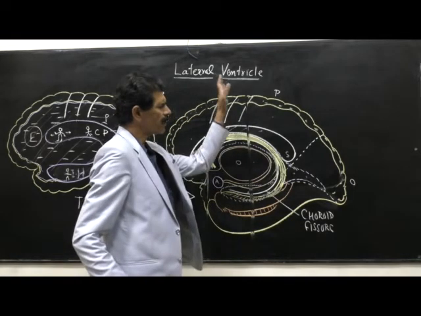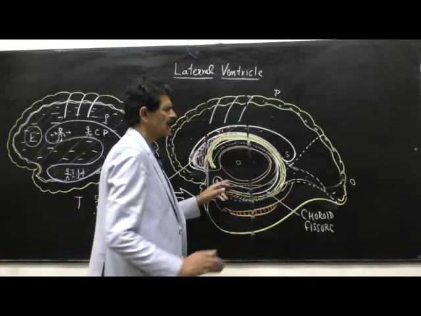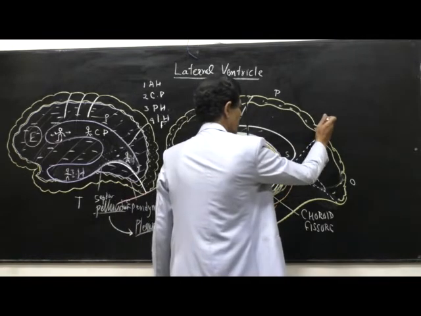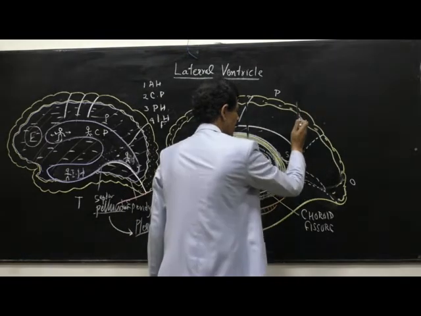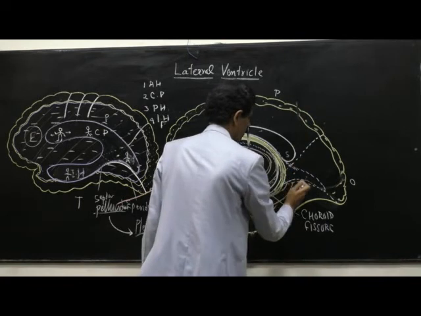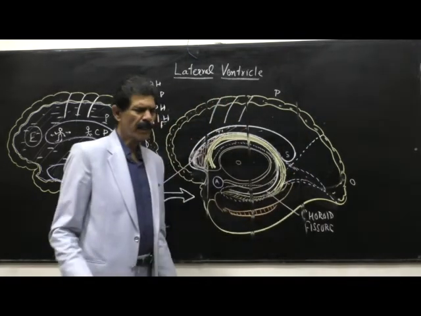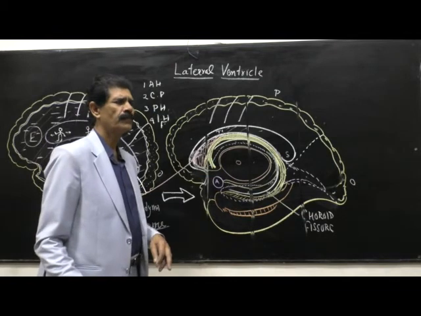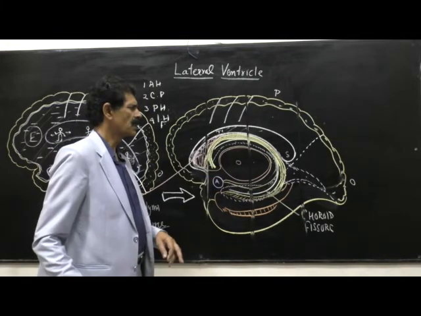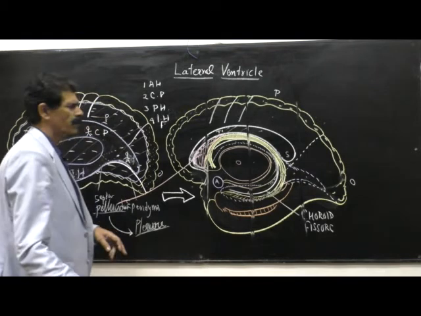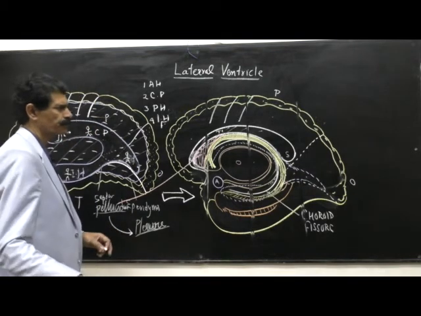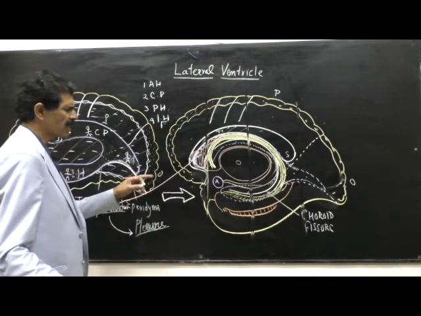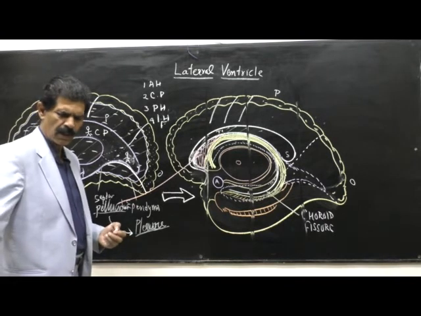So when we cut the coronal section, the posterior horn is also cut by it. So we have to make two diagrams. One is the medial aspect, the other is the coronal section of the horn. So when we cut this, the coronal section, how can we explain it?